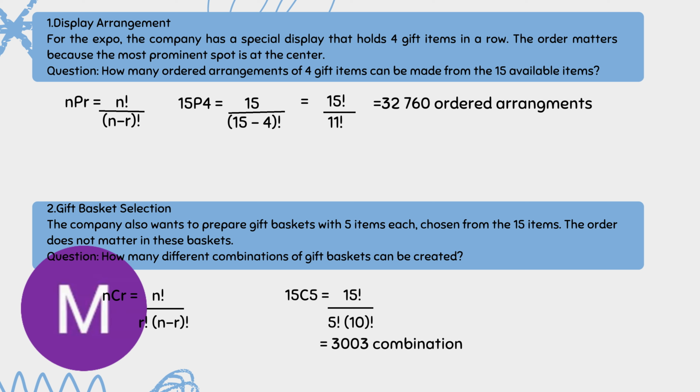Substituting, 15C5 becomes 15 factorial over 5 factorial times 10 factorial, and we get 3003 combinations of gift baskets.